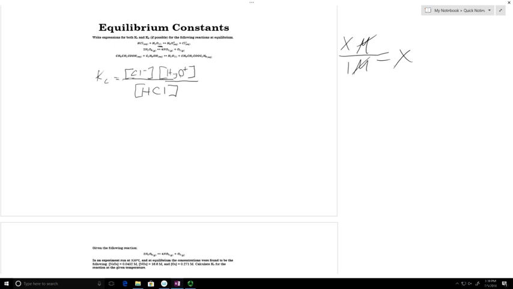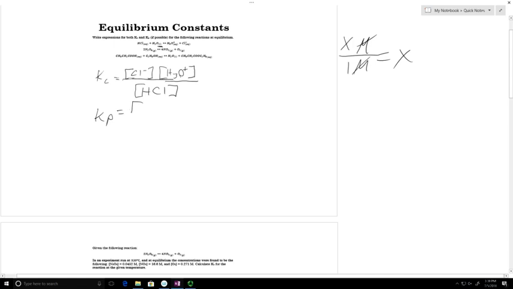Second one is given to us in gaseous form. So we have N2O5 and yields NO2 and O2. They're all gases. So let's get Kp. And Kp is going to be products over reactants.